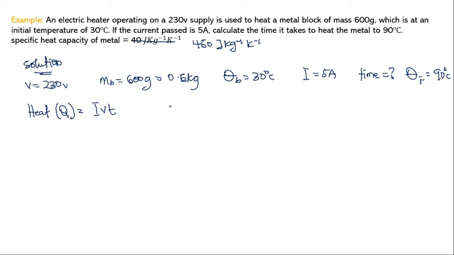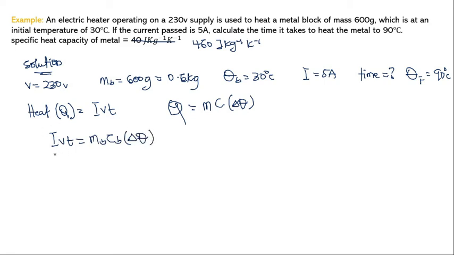But we also know that our heat, in this case, is the product of mass, specific heat capacity, and change in temperature. So we can equate these two equations. The product of voltage, current and time is equal to the mass of the ball, specific heat capacity of the ball, and change in temperature of the ball.